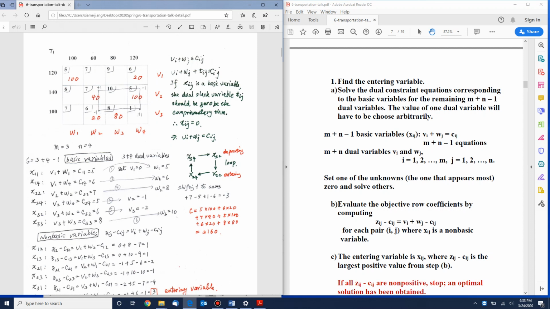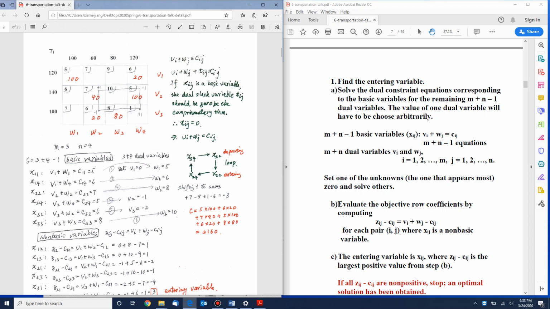Now, which one should we set to 0? As we said, set to 0 the one that appears most. But in this example, you could see in these 6 equations, V1, V2, V3, and W2, W4 all appear twice, and W1, W3 appear once.